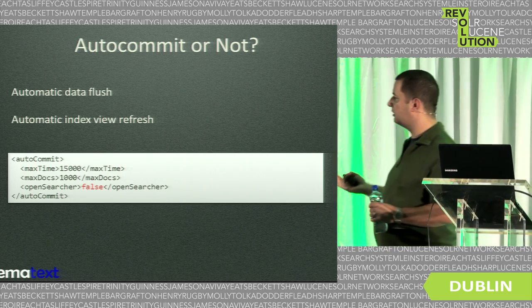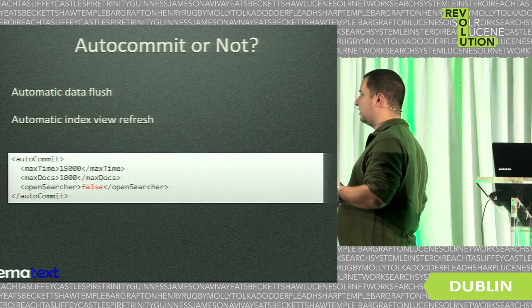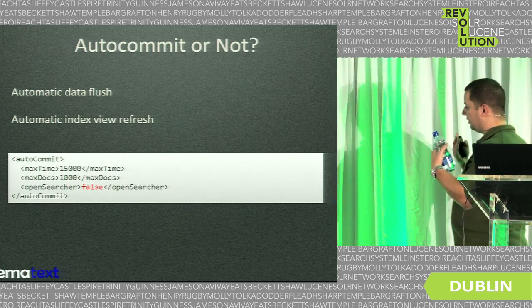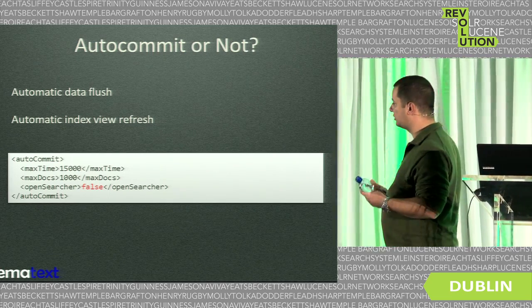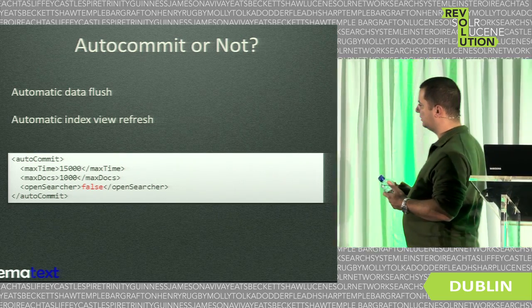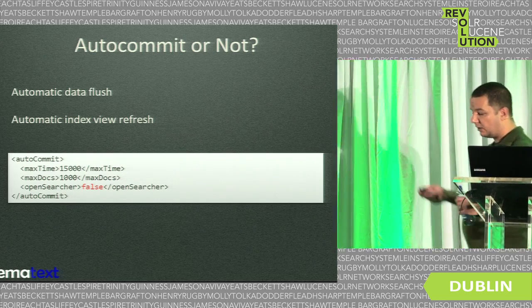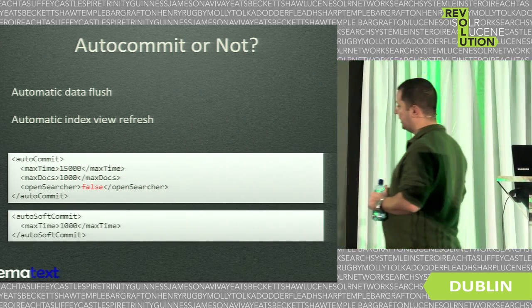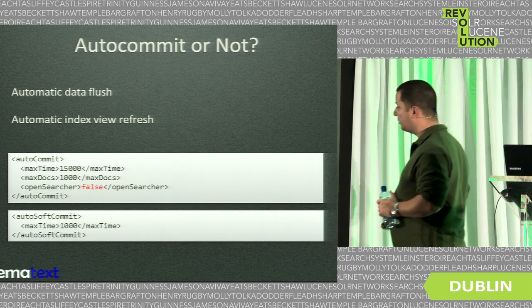Because hard autocommit should be only about data durability, so we don't care if the new index searcher is open. Hard autocommit is a bit costly when it comes to I/O, and that's why we don't want to open the searcher with it. However, soft autocommit is there to reopen the searcher and refresh the data.